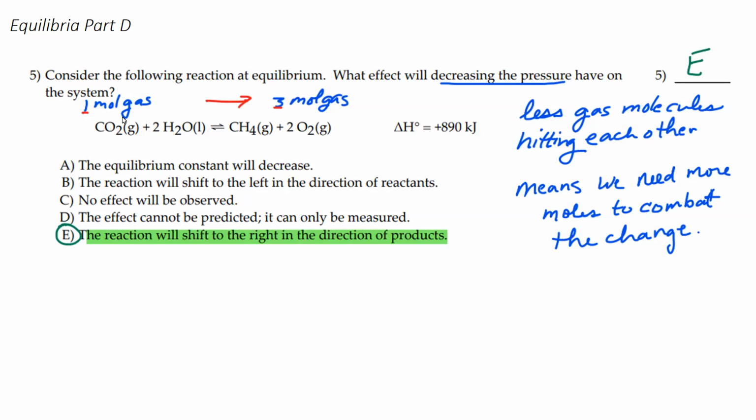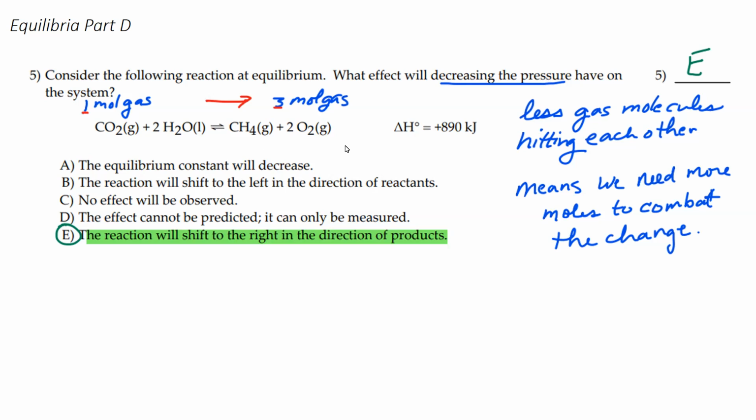On this side, I have 1 mole of gas. This is gas and this is liquid. On this side, I've got 3 moles of gas: 1 mole here, 2 moles here, so a total of 3. And remember, gases take up a lot more room than liquids. We're not even considering the volume of the liquid here. Also, that liquid is pure.